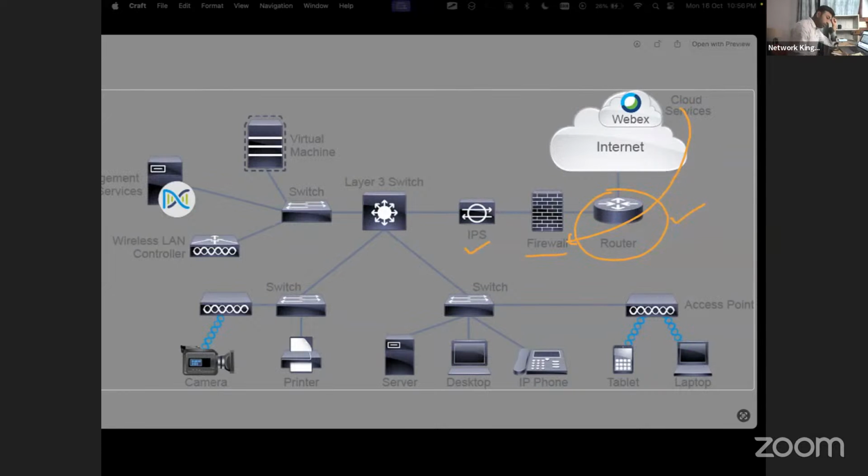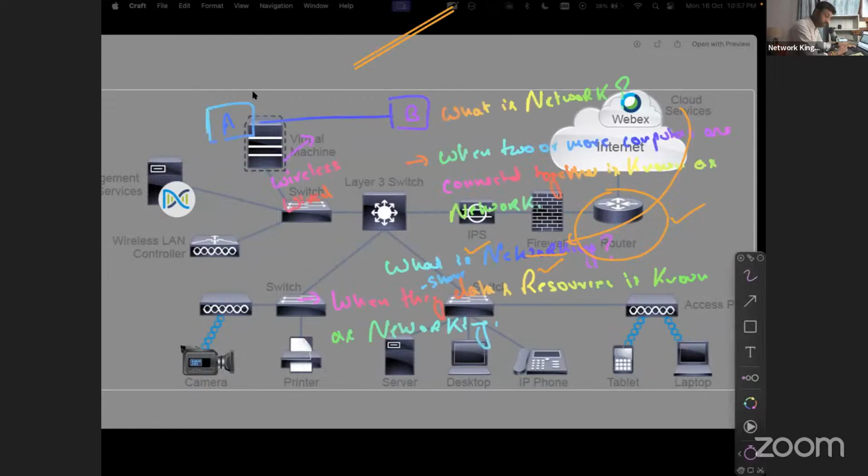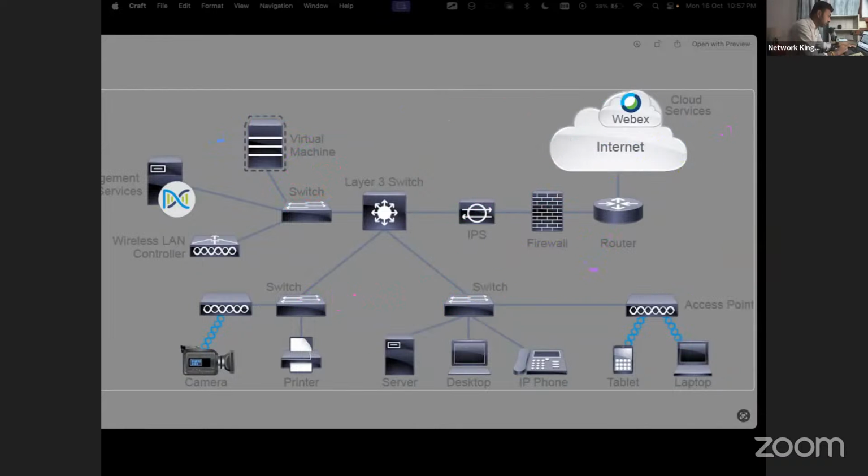Okay. Now tell me, what is a firewall? I can see a lot of messages. Good, good. So it is a device which is used to connect two different networks.